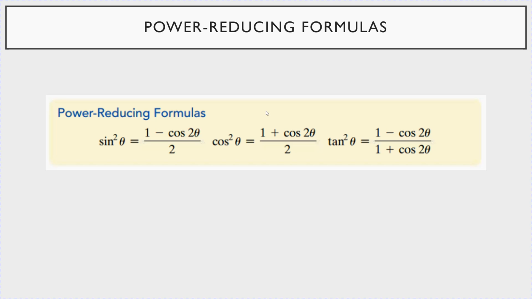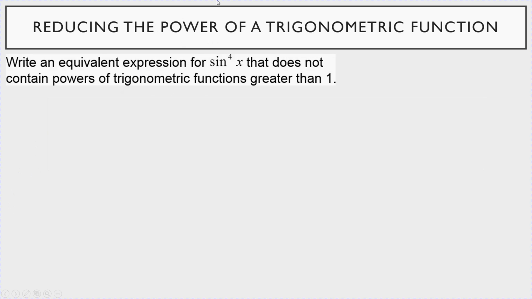Okay. So let's start with the sine here. Let's take this expression: sine to the 4th power of x. I want to write an equivalent statement that does not contain powers of trigonometric functions greater than 1.